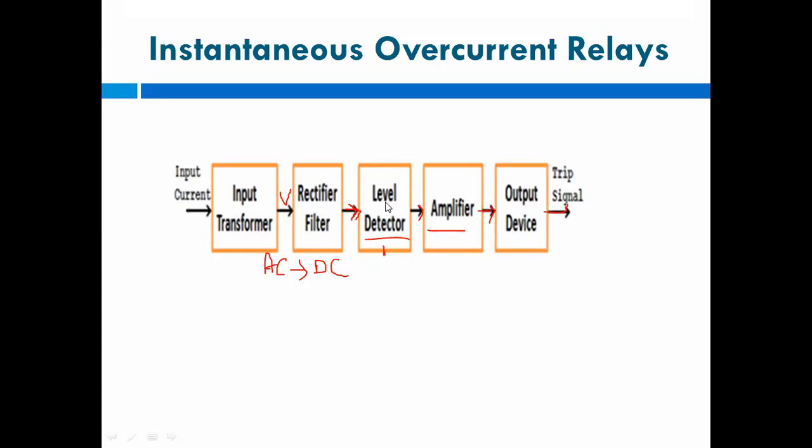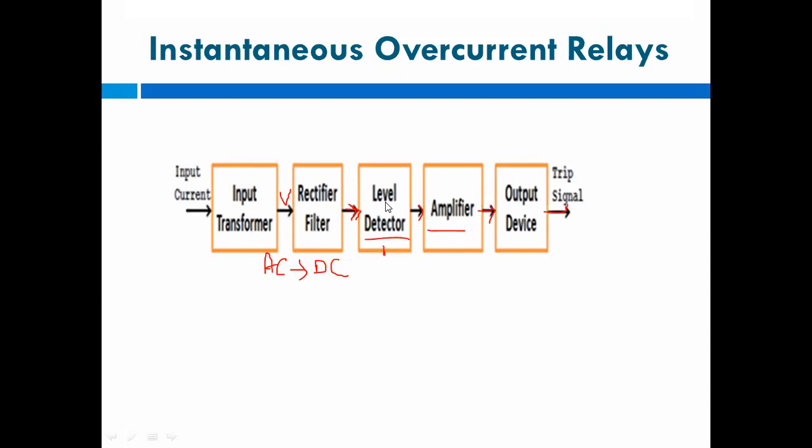In this level detector, all your operations are done. The comparison is done there, between the actual value of the current which should flow through the circuit and the fault current.